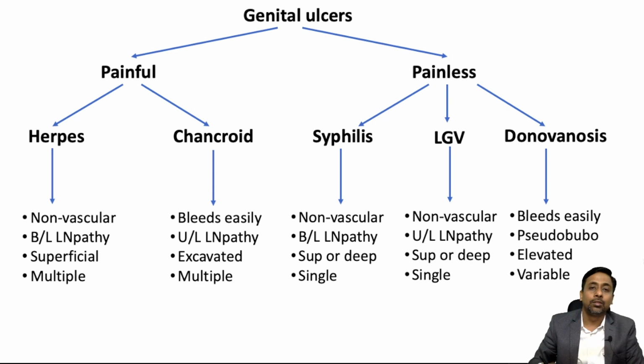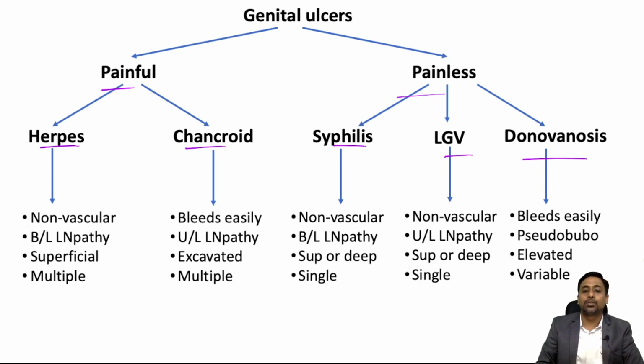Okay, so what we know now is whether the genital ulcer is painful or painless. Painful are herpes and chancroid; painless are syphilis, LGV, and donovanosis. So just see a small comparative difference between these two, which may help you to identify the disease in the question. Okay, so if you see, bleeding easily is characteristic of chancroid and donovanosis. So what is the difference?